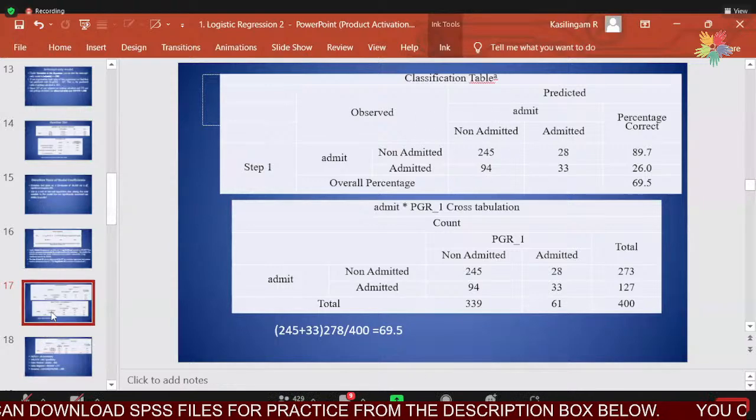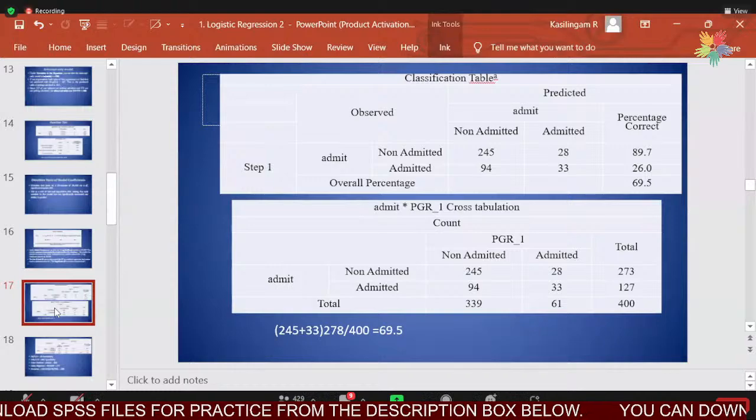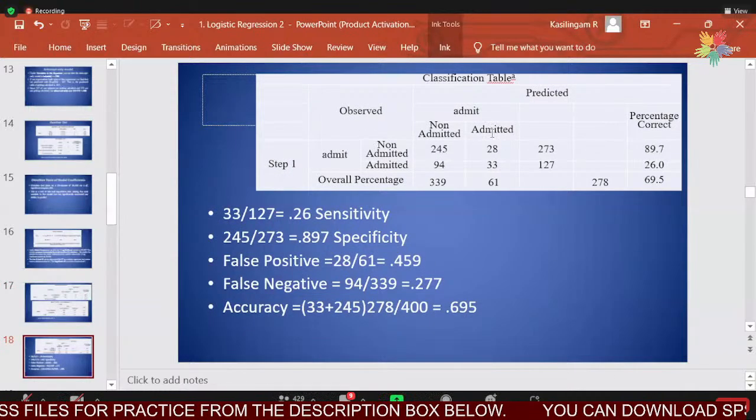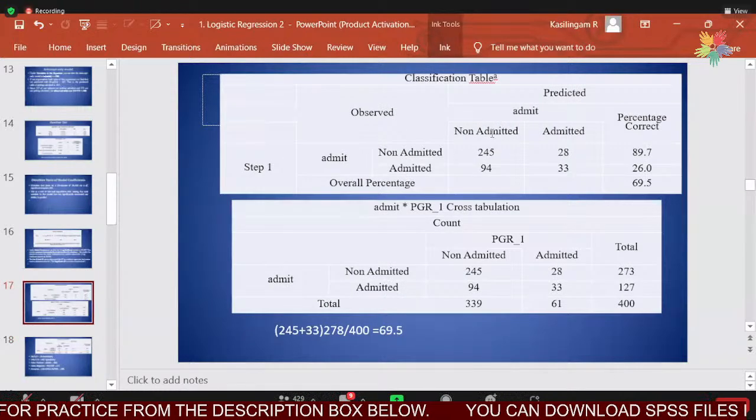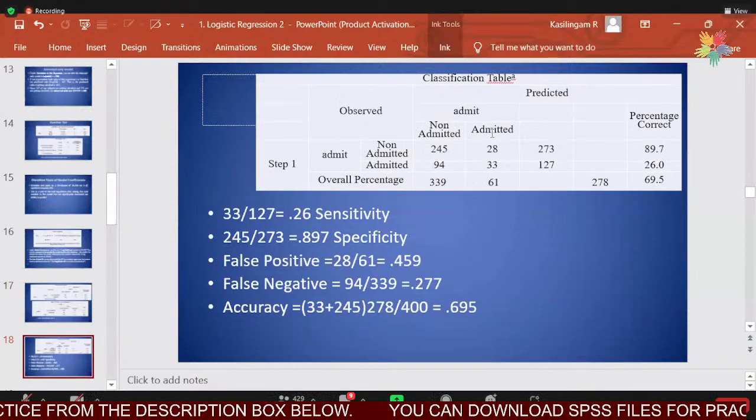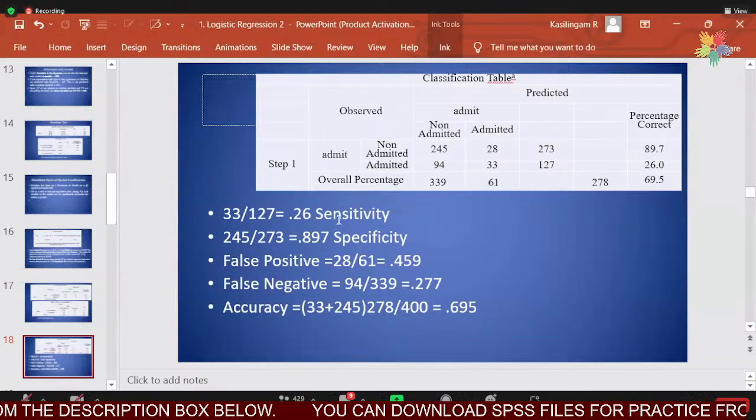In machine learning language, we use certain words. Same table, 245, 95, 28, 33, same table, but I'm using some other words.